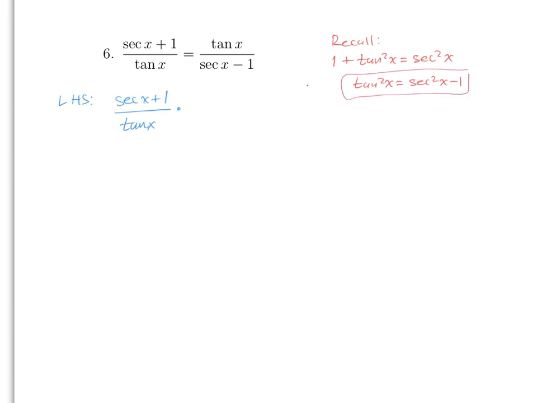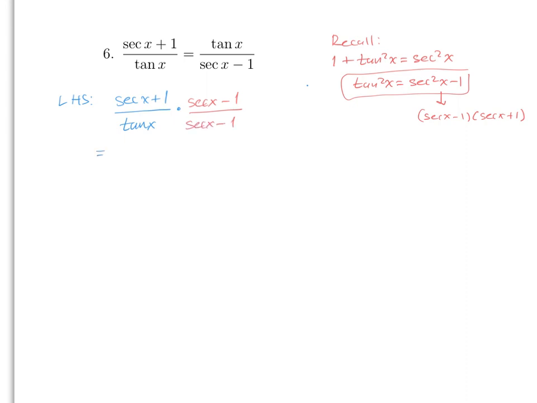And this is what I want, especially since you can factor it as secant x minus 1, a difference of squares, times secant x plus 1. Since I already have the plus 1, I'm going to multiply by the minus 1, and that should be obvious because of this part right here. So I'm going to multiply by secant x minus 1 over secant x minus 1.